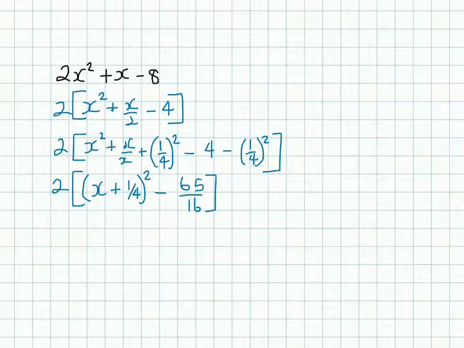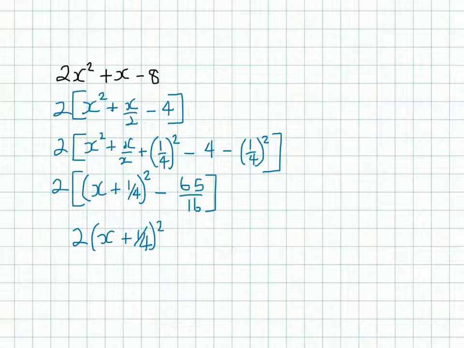We still have this 2 hanging out outside here, so let's bring it back into the expression. So we're going to have 2 times (x plus a quarter) all squared minus 65 over 8. And now we've finished. We've completed the square, and that is done.